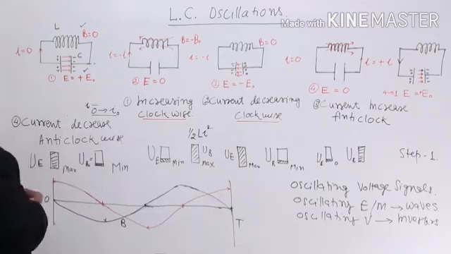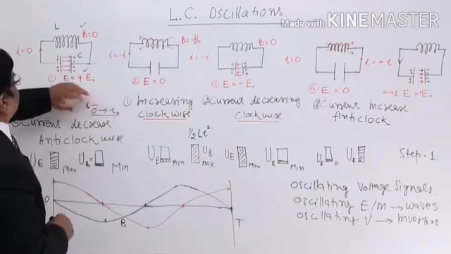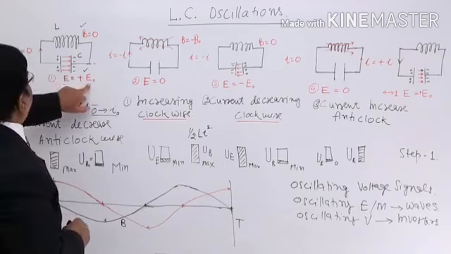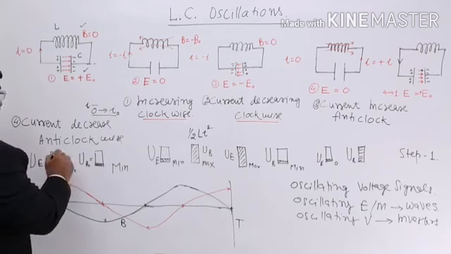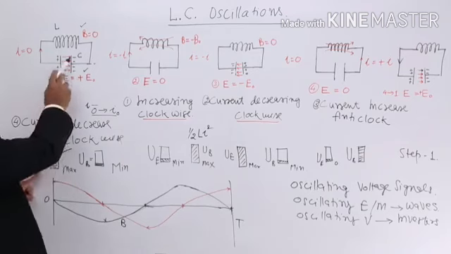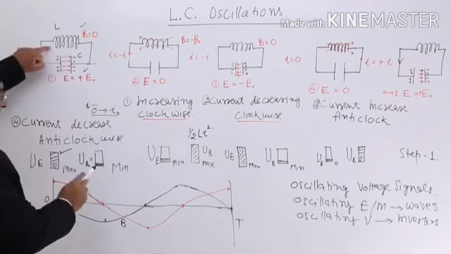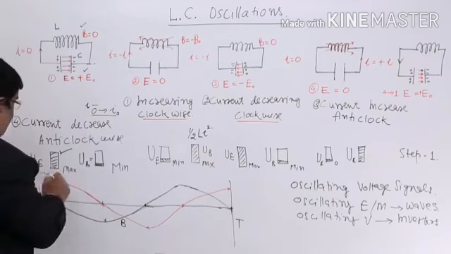Now in this what happens? Here we study E is equal to E naught. The energy is fully there in electrical form. Magnetic energy is minimum.